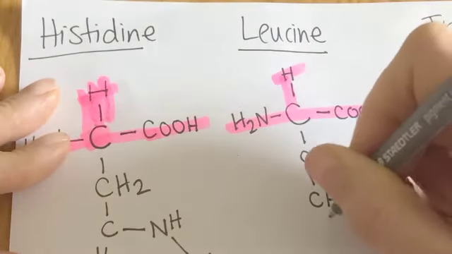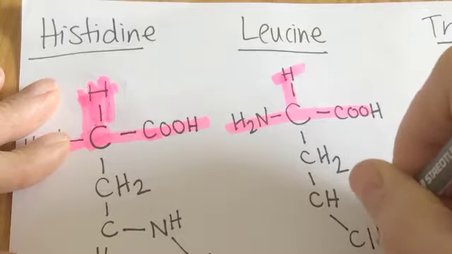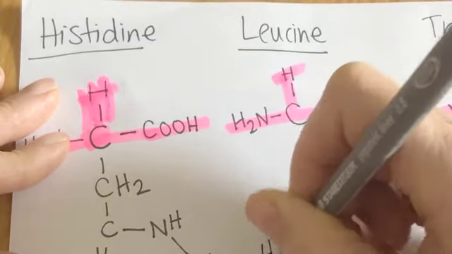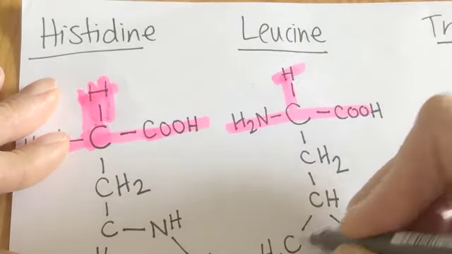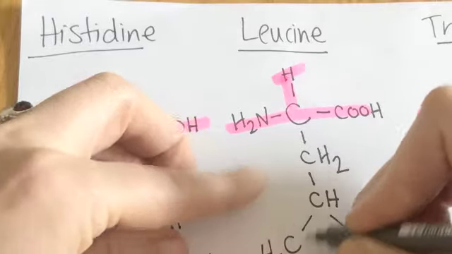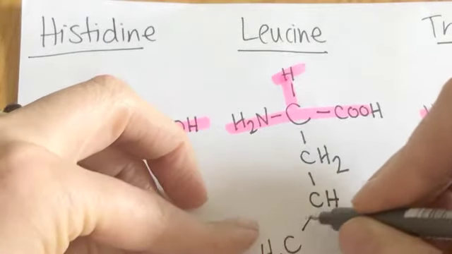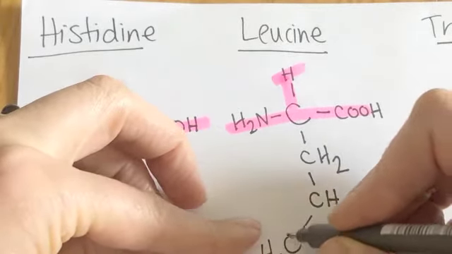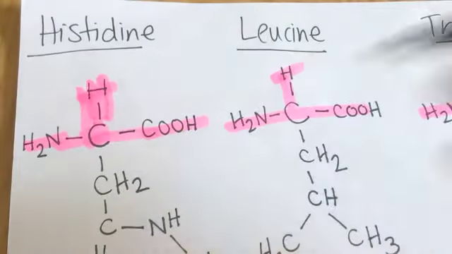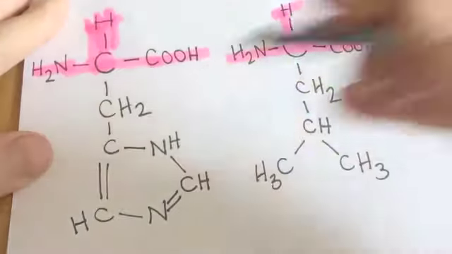Off of that CH, we're going to have what we call 2 methyl groups. And notice I'm going to do H3C, because that shows that the carbon is attached there. If I wrote CH3, it could start to look like the hydrogen is attached here. So this carbon has 3 bonds, and there's its 4th. And that's leucine. See the difference between histidine and leucine.